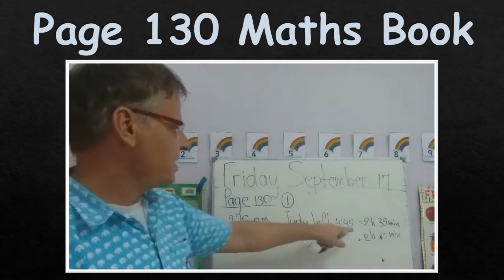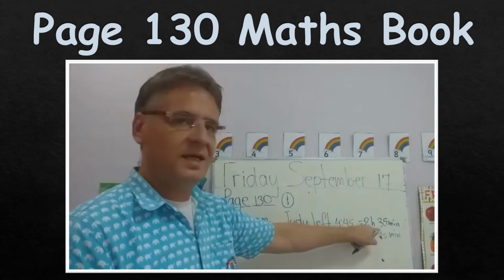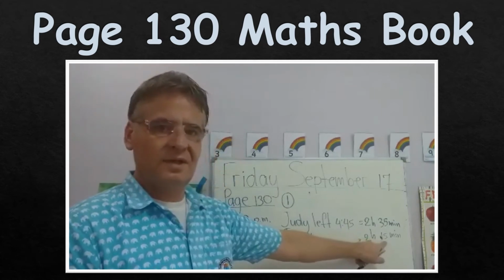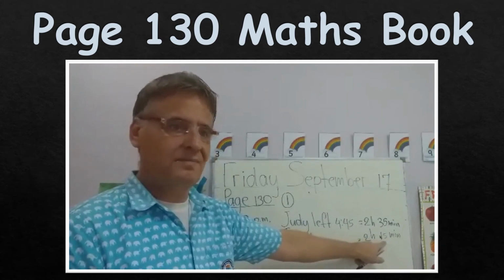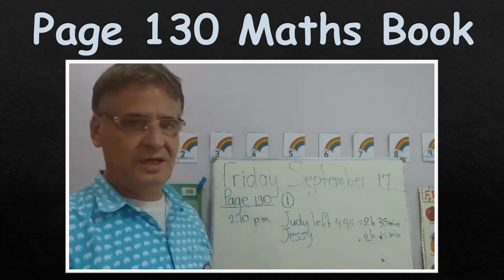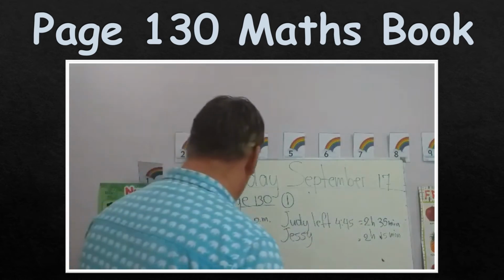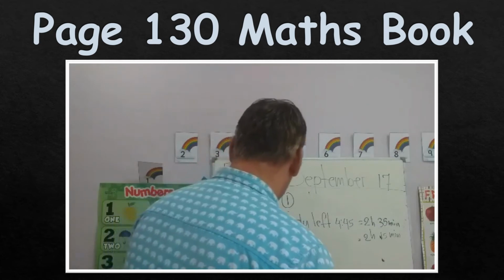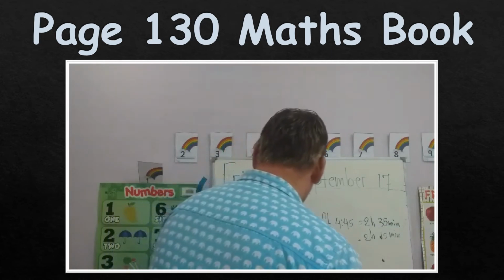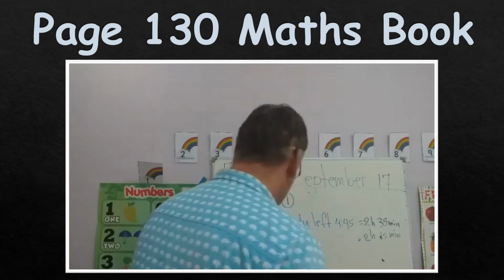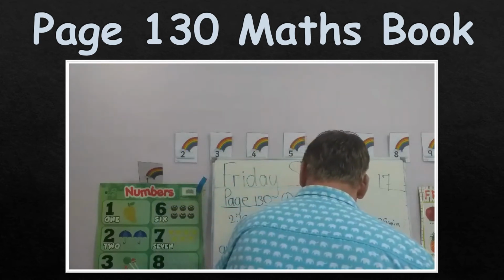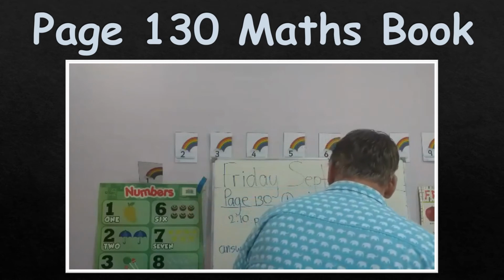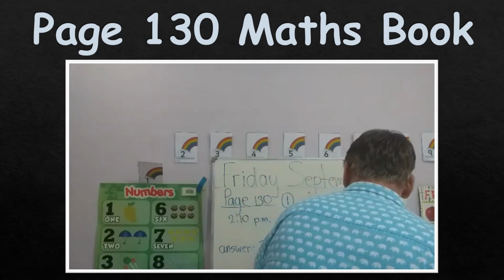Well, Judy spent 2 hours and 35 minutes and Jessie spent 2 hours and 15 minutes. So who spent more time? Right, Judy. So the answer is Judy spent more time.